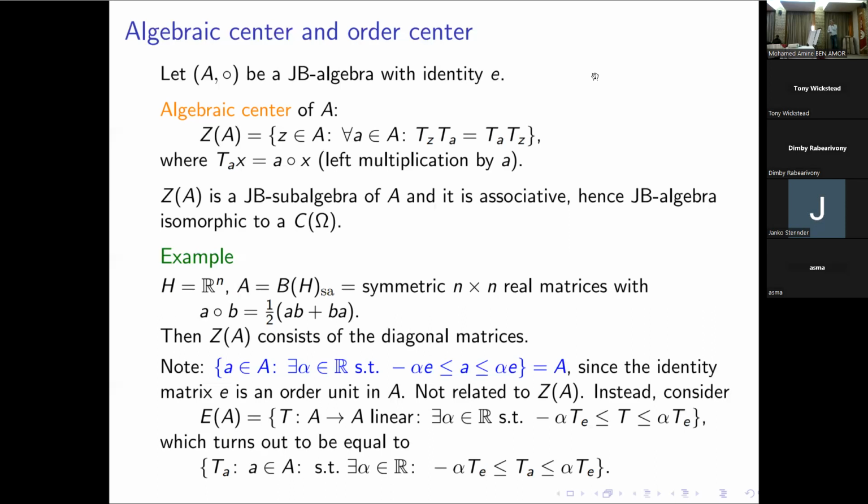So this is not good. We really have to go to the operators. If we want to see the right structure comparing the order object connected to the algebraic center, it's better to look at the operators. That's why we look at this definition of the order center.